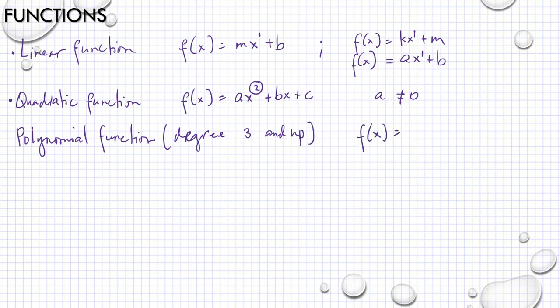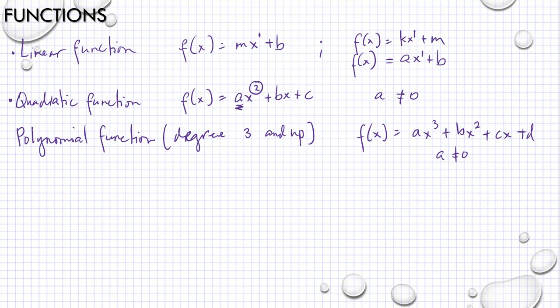It always looks like this: f of x is equal to ax raised to 3 plus bx raised to 2 plus cx plus d. And a cannot be 0. Why? Because if a becomes 0, then we go back to the quadratic function. In a quadratic function, if a is equal to 0, then we are back to a linear function.